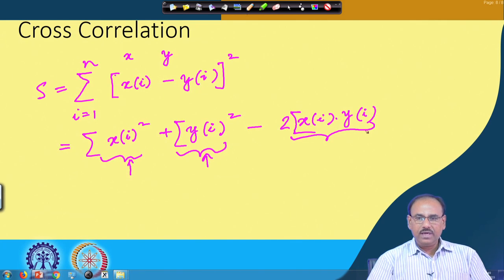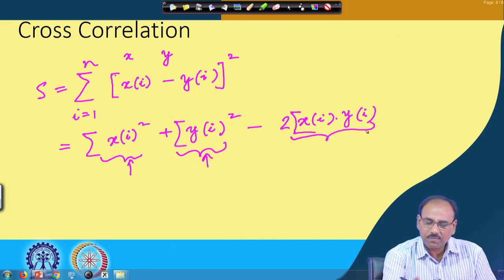And this sum of x_i into y_i is nothing but the cross correlation between the two signals x and y. So this cross correlation actually tells you the degree of similarity between the two signals x and y.